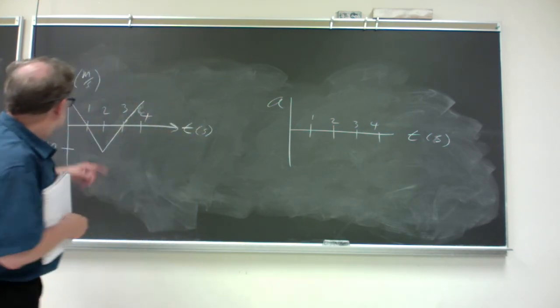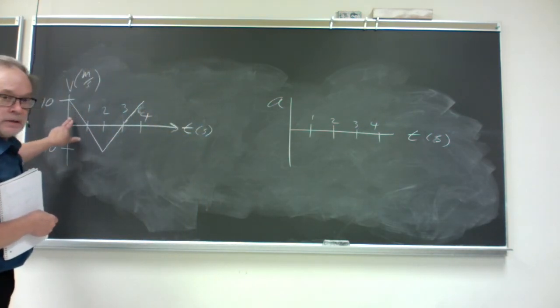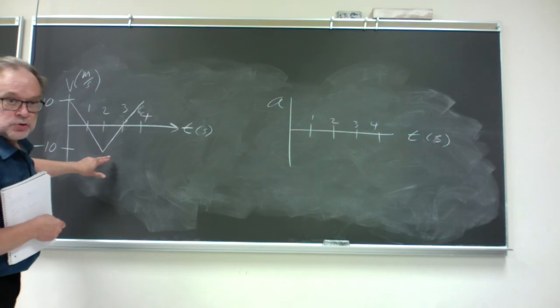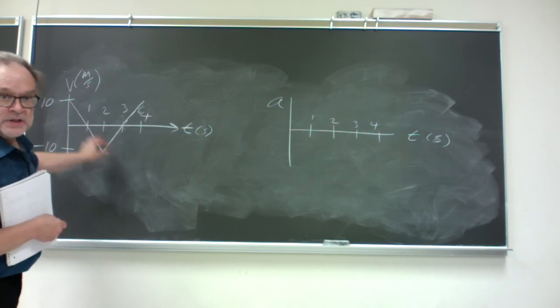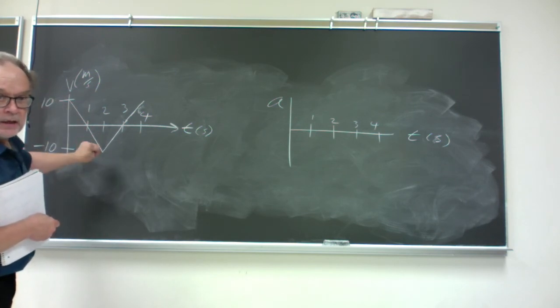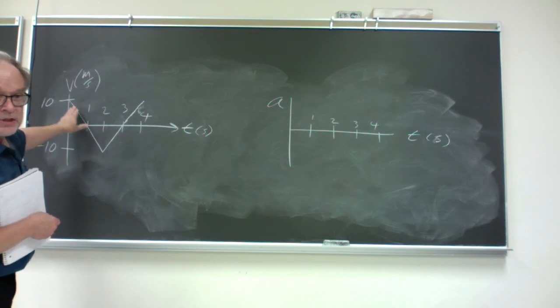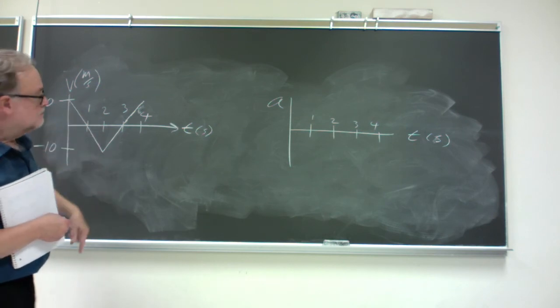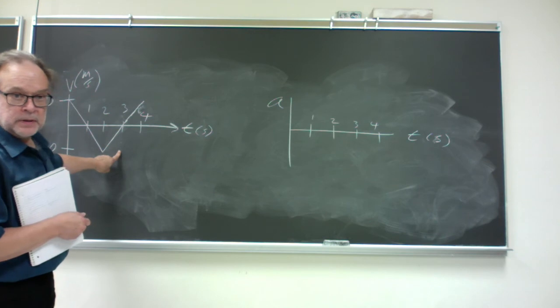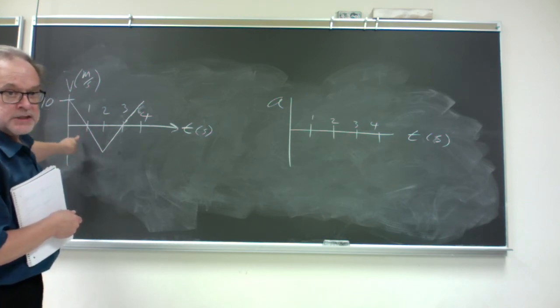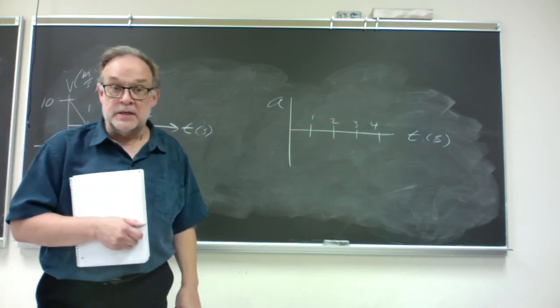And in the first 2 seconds, this line is straight, which means the slope is the same everywhere along that line. So constant slope, and it's a negative slope. Since slope in a velocity versus time graph is acceleration, constant negative slope means constant negative acceleration.